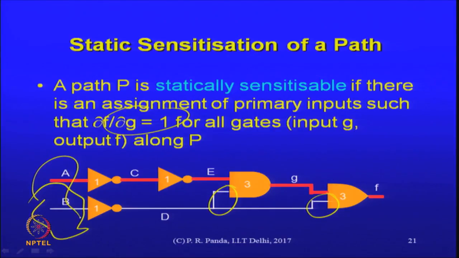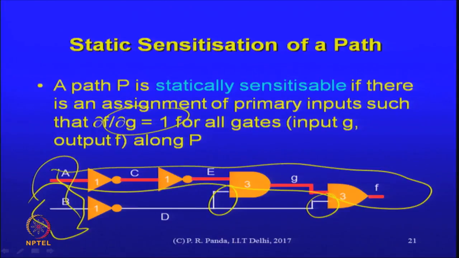This is actually independent of the delays of the gates themselves, assuming that once everything is stable, if this condition holds, then that path that we are interested in is sensitizable. That is not the only condition under which it is sensitizable, but if this condition is true, then it is sensitizable. So, that is what is called static sensitization.